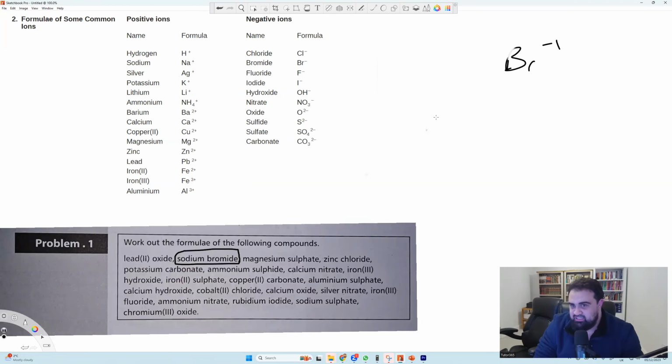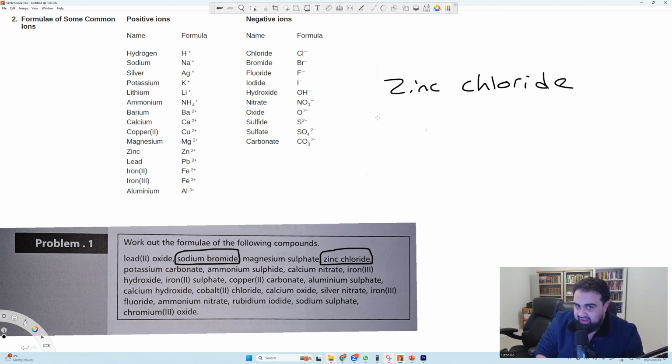Now, using the data sheet, I want you to let me know how you write zinc chloride. Find zinc, find chlorine or chloride, and first of all give me the chemical formula for zinc chloride.